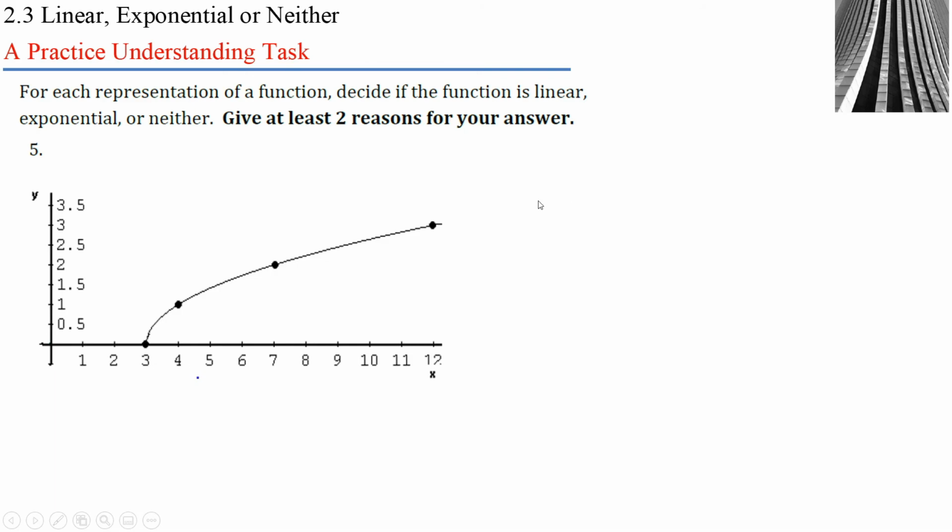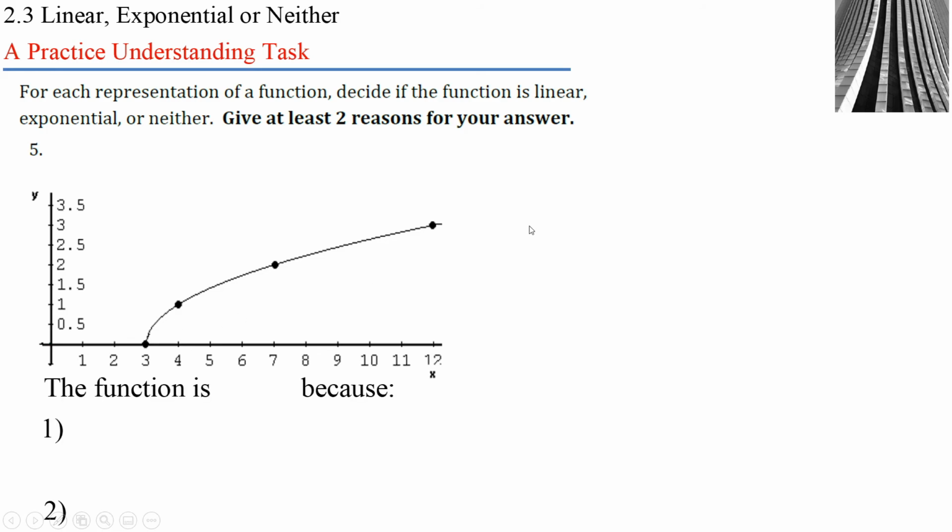Doesn't an exponential growth curve usually start somewhere on the y-axis and then slowly turn upward, something like that? And doesn't all of our exponential decay graphs start somewhere on the y-axis and then work down towards the x-axis? But never quite reach it, something like that. So this is neither of those.